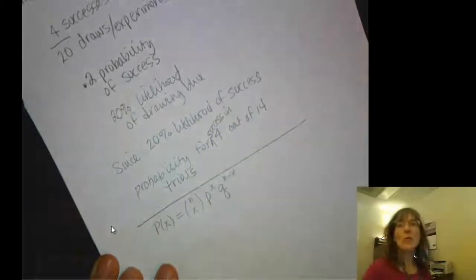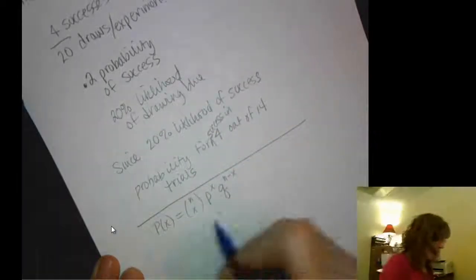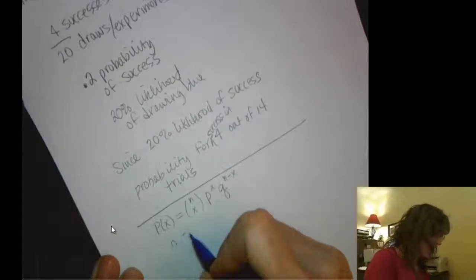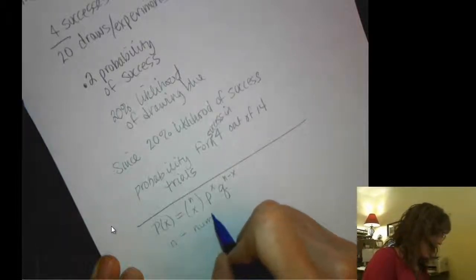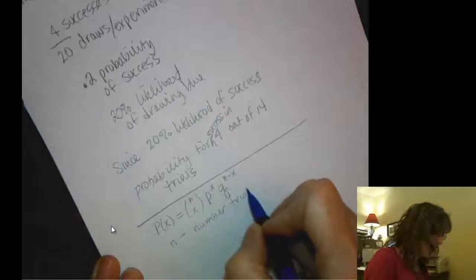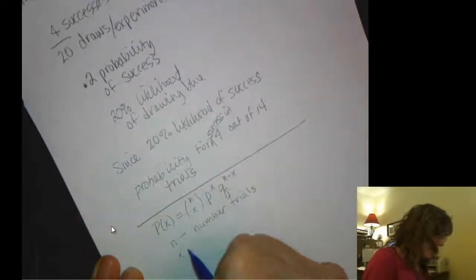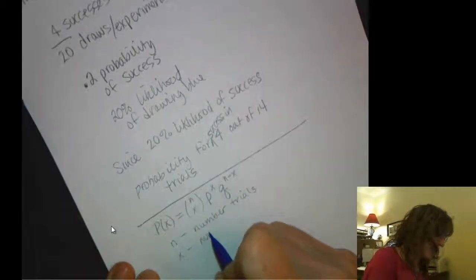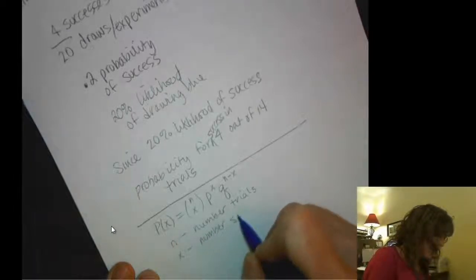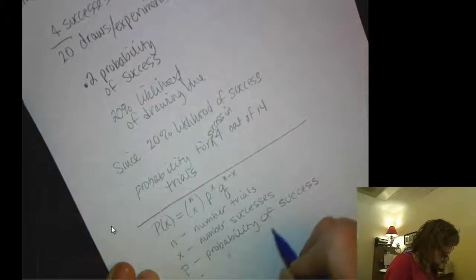Okay, and remember we have a few variables. n, that was the number of trials, and x, that was the number of successes, and the p was the probability of success, and q is the probability of failure.